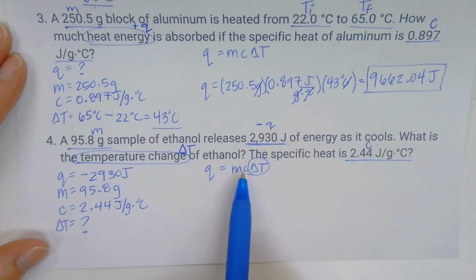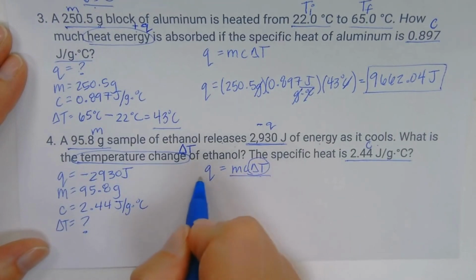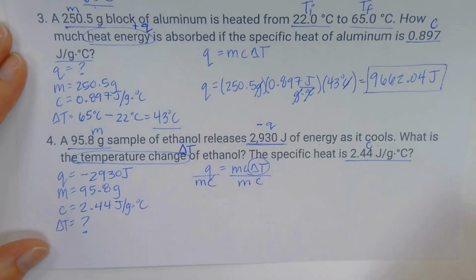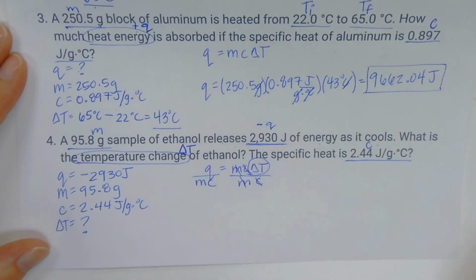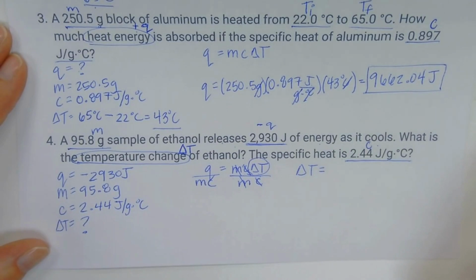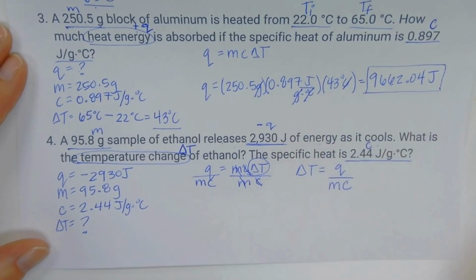So since mass and specific heat and delta T are being multiplied together, I'm going to do the inverse operation and divide out the MC from both sides. So specific heat and mass cancel. So what I'm left with is delta T, or our change in temperature, is going to equal Q over MC. So now I can solve.